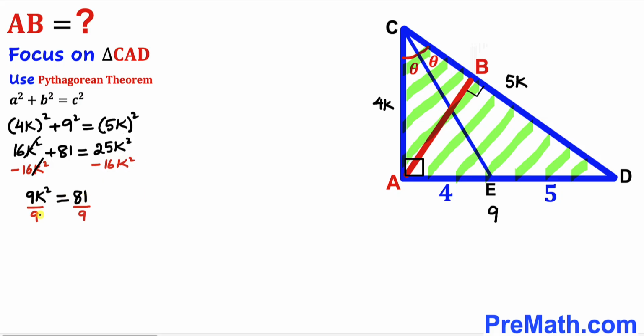Let's divide both sides by 9. K square turns out to be equal to 9. Now I'm going to undo this square by taking the square root on both sides. So our constant k value is going to be positive 3 units.